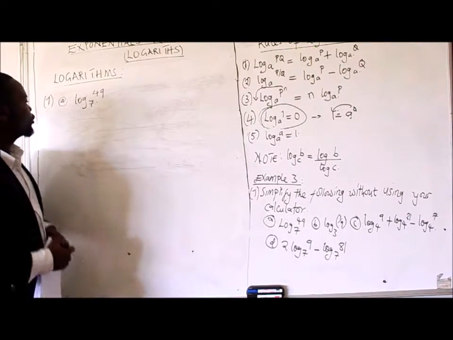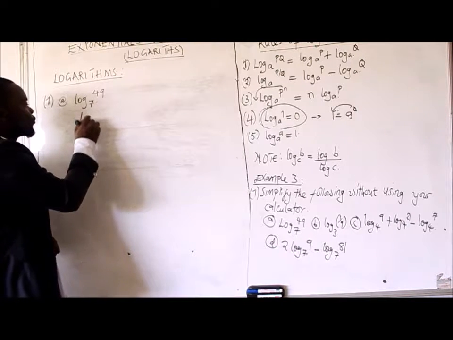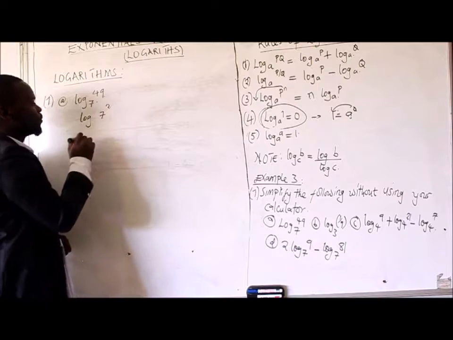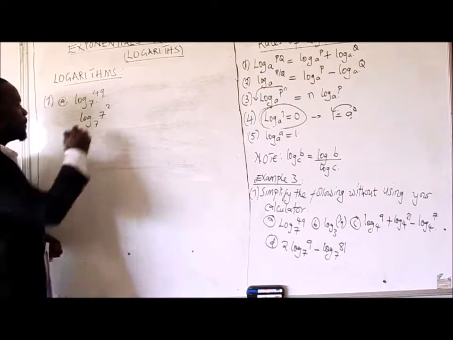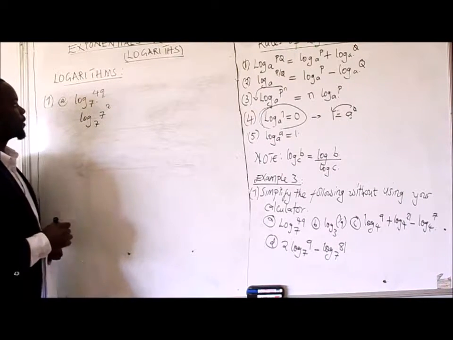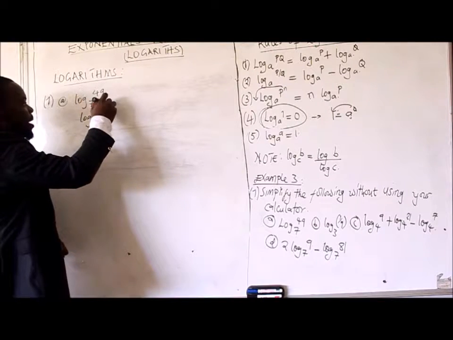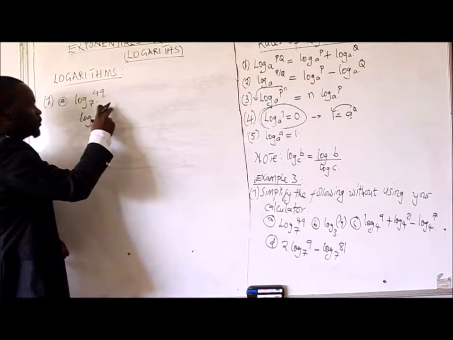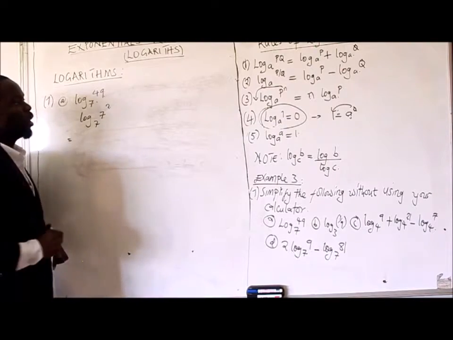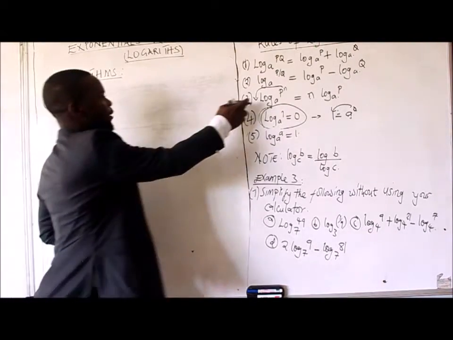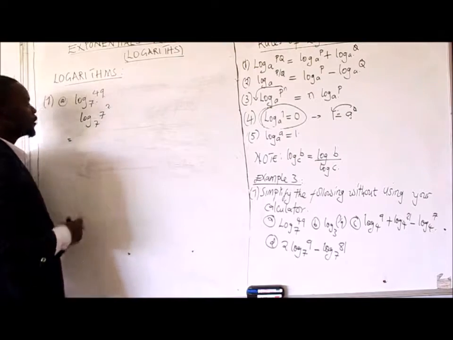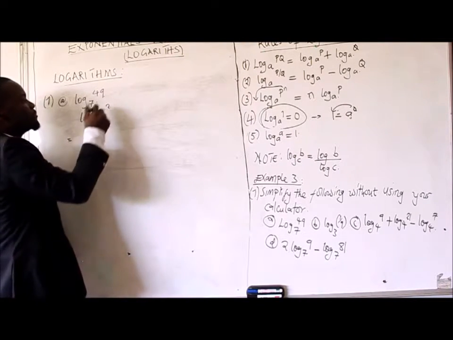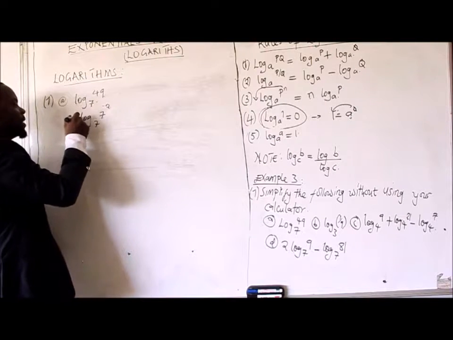Okay. So we know that 49 is the same as what? 7 to the power 2. Of course, we have base 7 here. So log of 49 is the same as log of 7 to the power 2. Then when we use rule number 3, log of 7 to the power 2 base 7 is the same as bringing this 2 to this side.